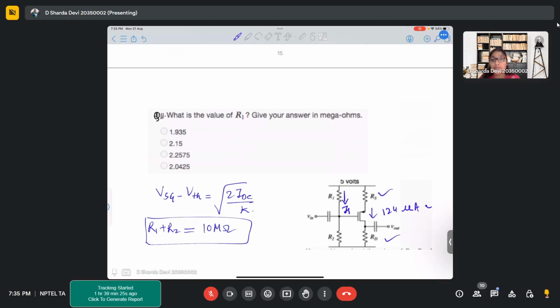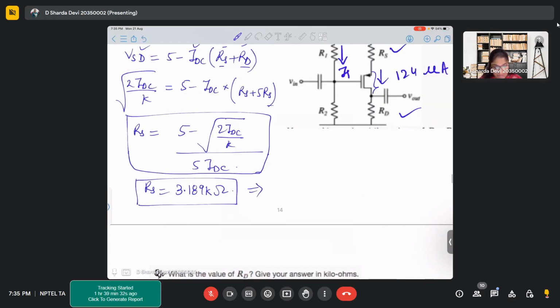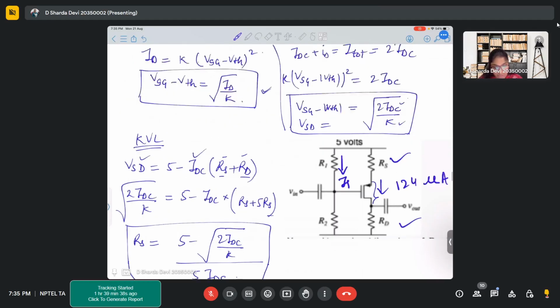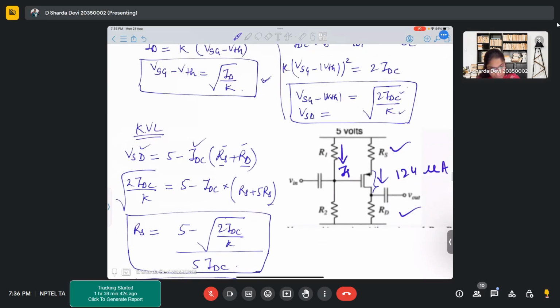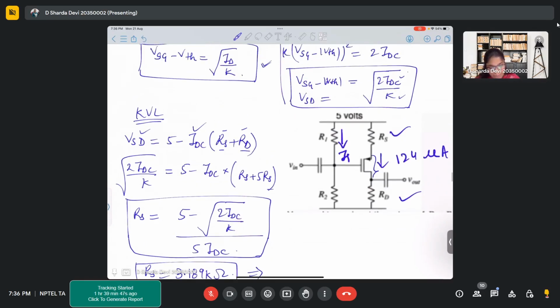Excuse me, ma'am. Yes. Ma'am, in that formula, if we substitute all the values in the RS formula above, we are getting the answer as 6.345. So you're getting RS as 6.345, but double of the answer that we got. Right, see.